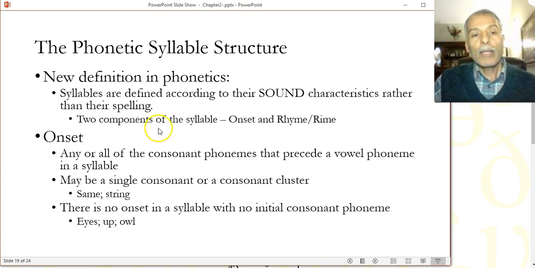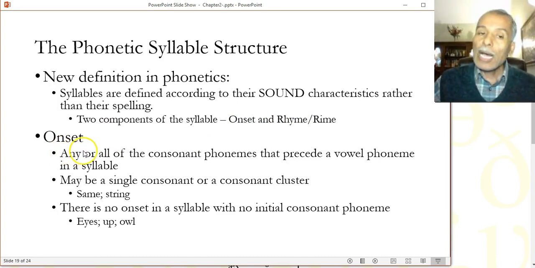So a syllable phonetically is made out of an onset and a rhyme. The onset is any sound that comes before the vowel in the syllable. It could be one single sound, it could be 2, 3.